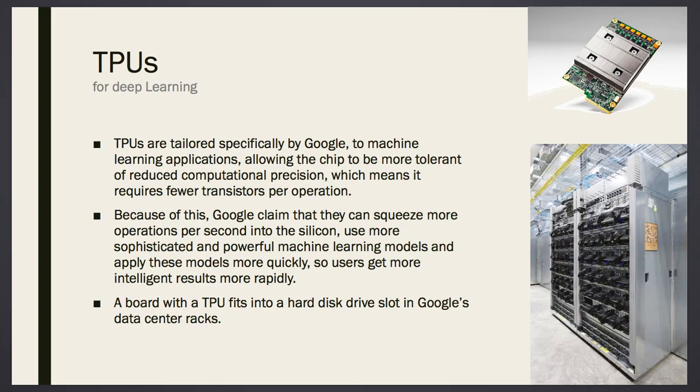They are tailored specifically by Google for machine learning applications. What is nice about TPUs is, you'll remember when we were discussing quantization, we said that for most networks, for AlexNet, for classification networks especially, working in 8-bit precision instead of 32 bits doesn't change much.